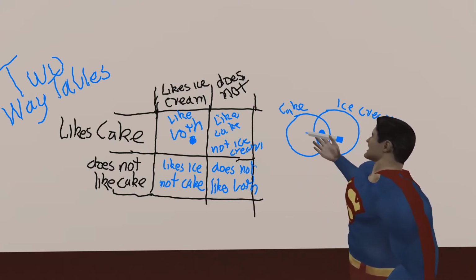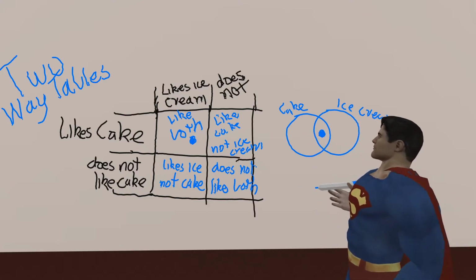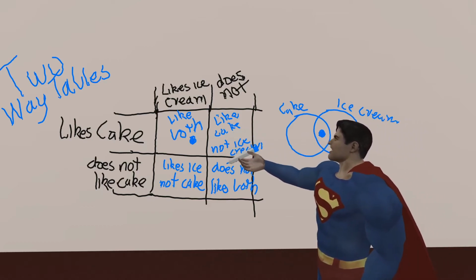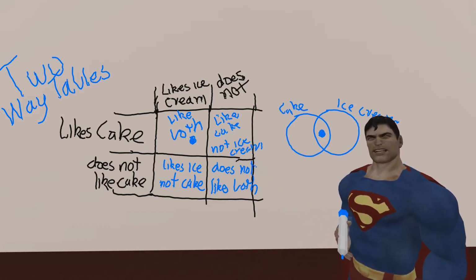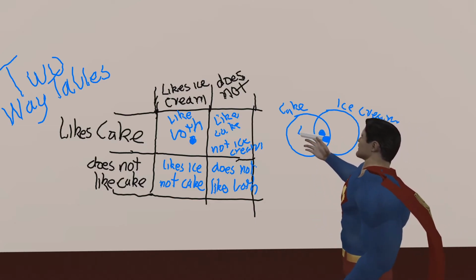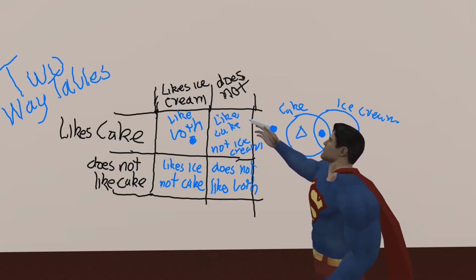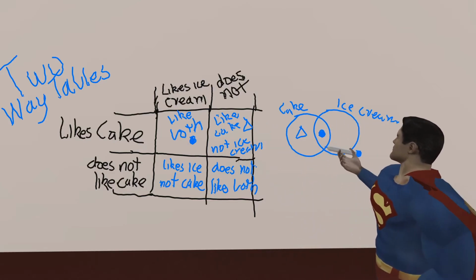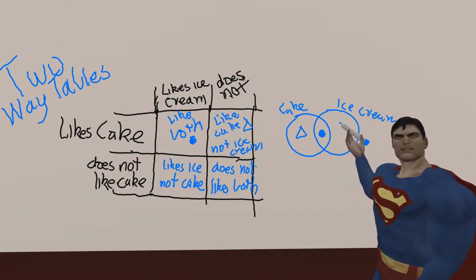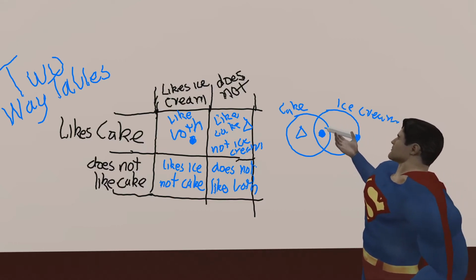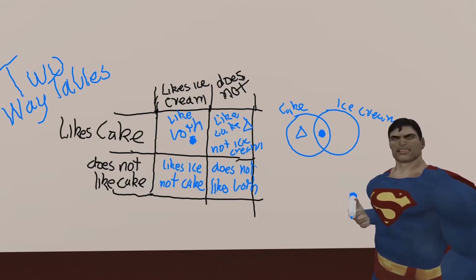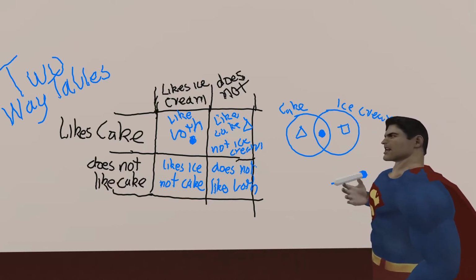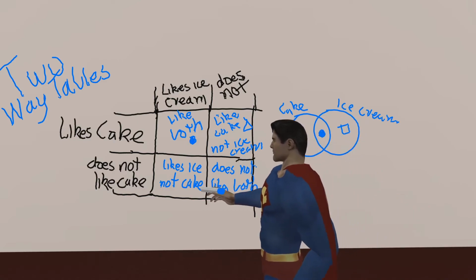Now, people who just like cake, well, we can see here that these people like cake, but not ice cream. So make this one a triangle. And this one over here is for the people who like ice cream but not cake, because they're not in the cake circle. So this one we'll just do with a square, and that represents this one over here.